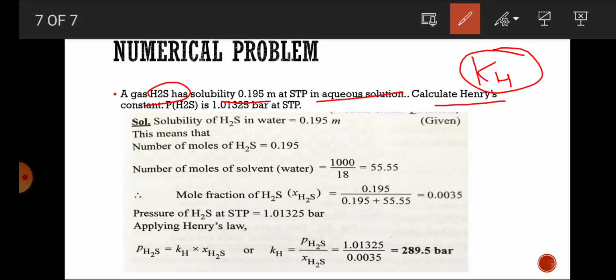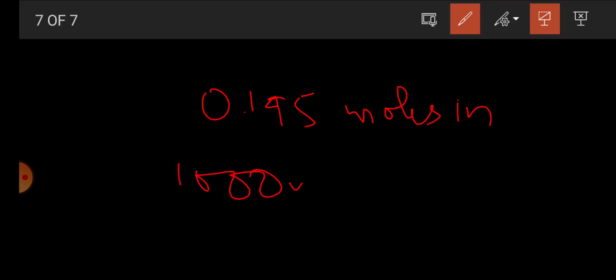The solubility of H2S in water is 0.195 m. This means that the number of moles of H2S is 0.195 moles in 1000 ml of water.